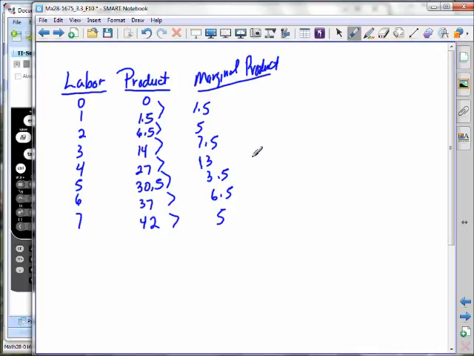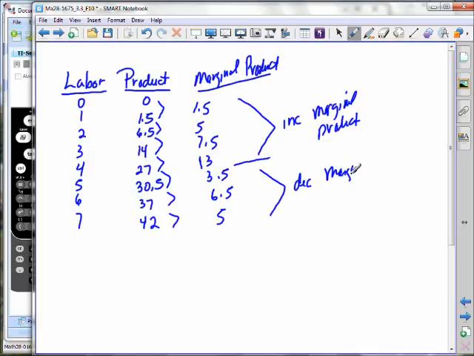At the 5th unit or the 5th worker is when production. Okay, so somewhere in here, this part of it you said was increasing marginal product. Increasing marginal product. And this is decreasing marginal product.